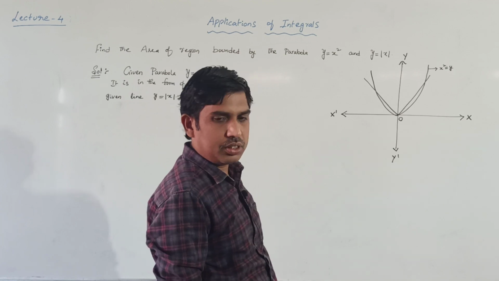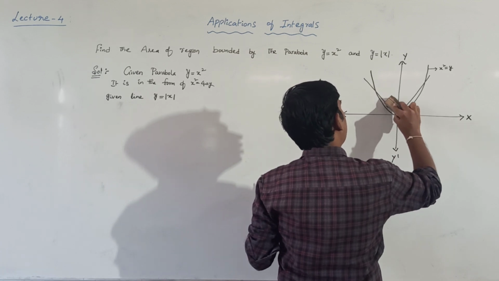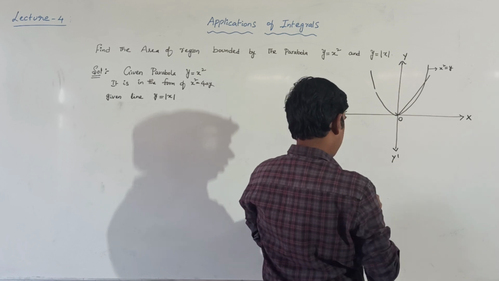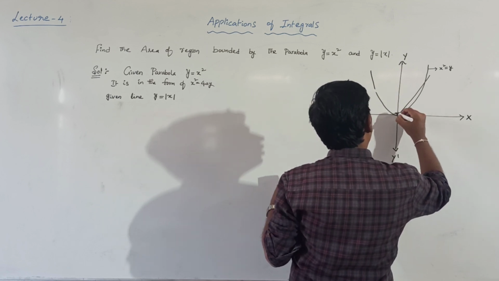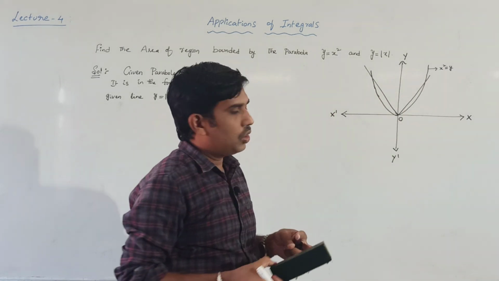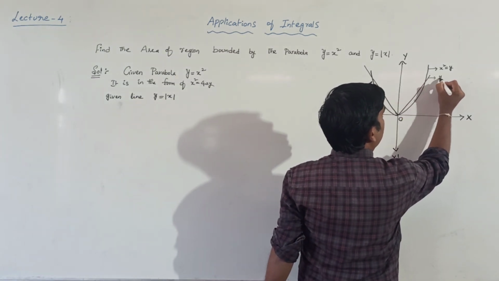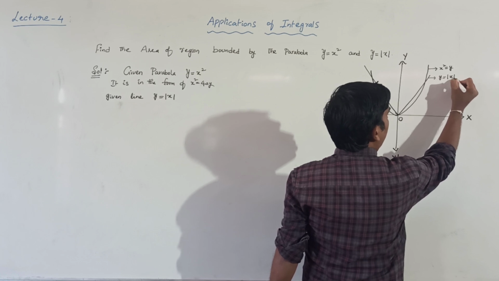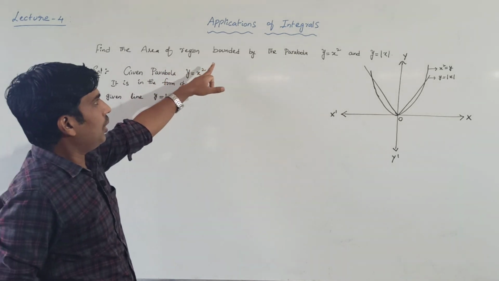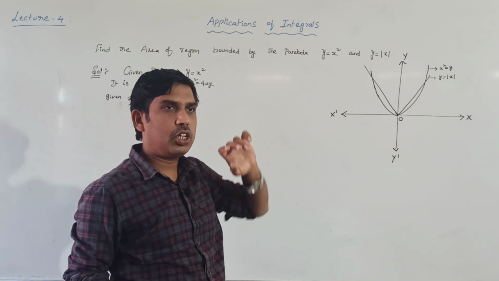Like that. This is modulus function y is equals to modulus x. Now the area of region bounded by the parabola and the line y is equals to modulus x.